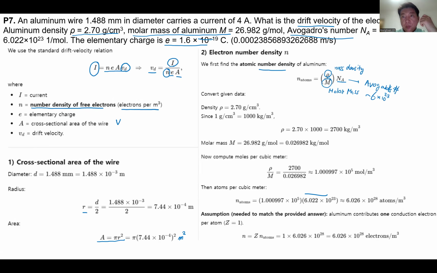And then in this case, you can get the number density in this way.